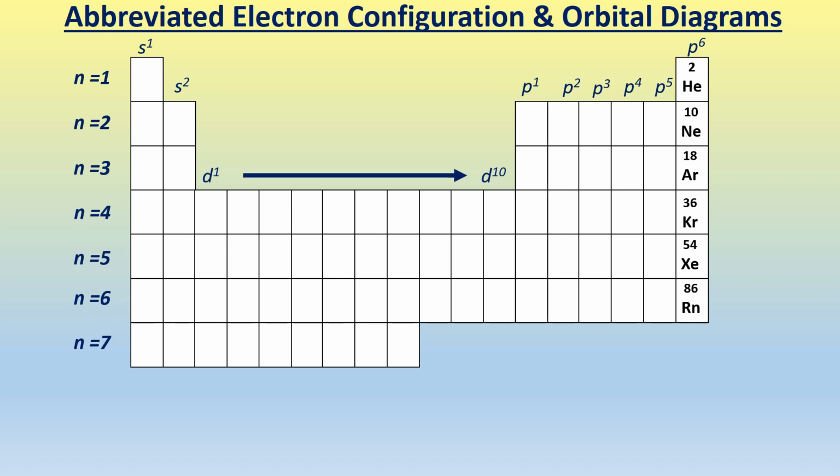Two columns on the left indicate the two s orbitals being filled, six on the right, the six p orbitals being filled, 10 in the middle, the 10 d orbitals being filled. That final column, it was shown in previous videos, are called the noble gases. They are called noble because they end the row, and therefore they have full shells and do not want to either add or take away an electron.